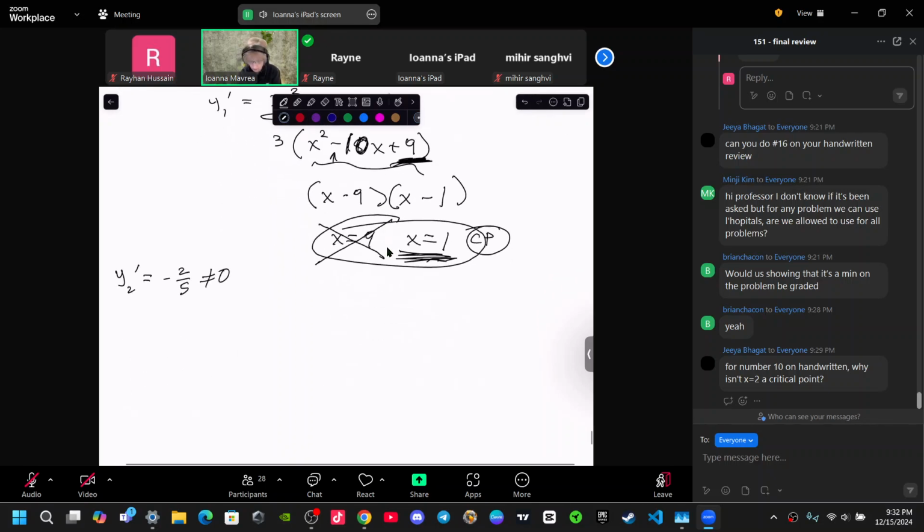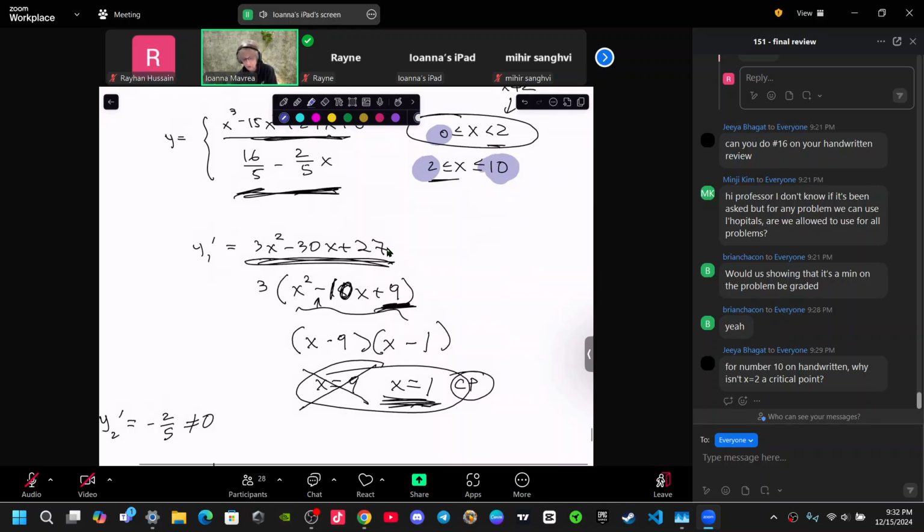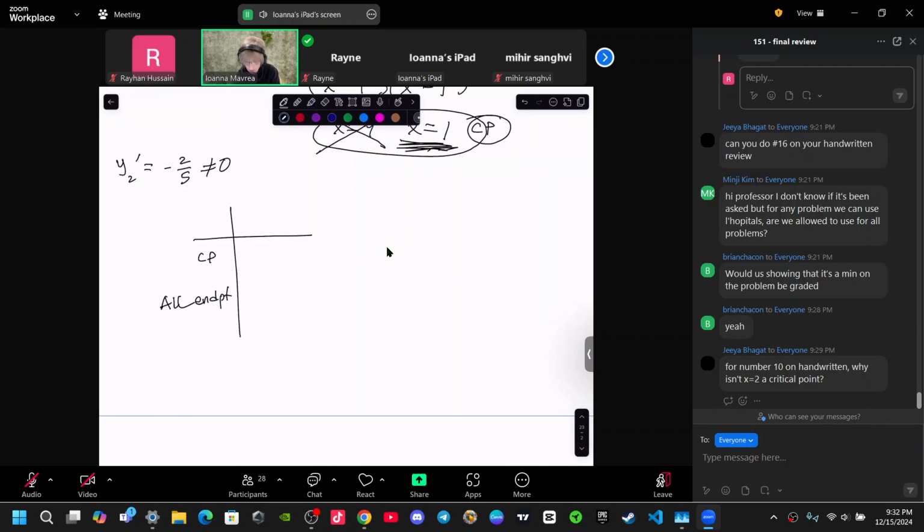And now I have to create a table with the critical point and all the endpoints, all of them. And the endpoints are 0, 2, and 10. So those have to be included. So I'm going to have the critical point I found, 1, and the endpoints 0, 2, and 10.